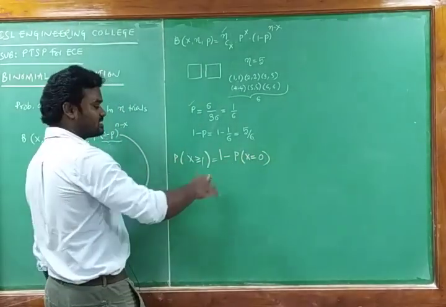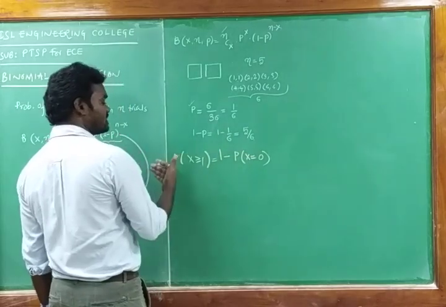The probability of X greater than or equal to 1 means it can go up to 5. That means what?